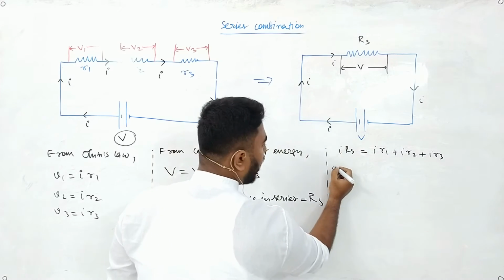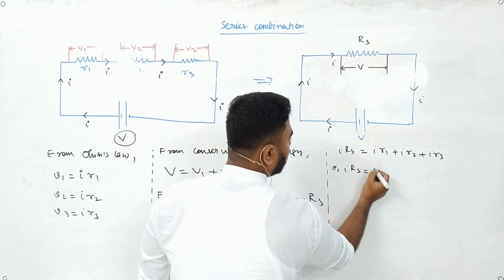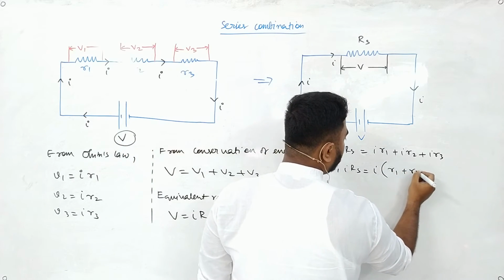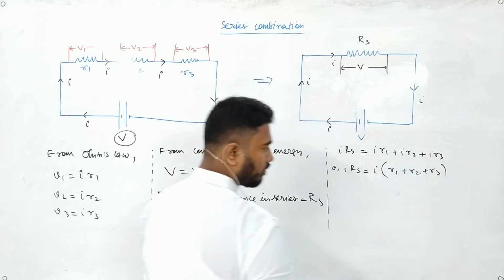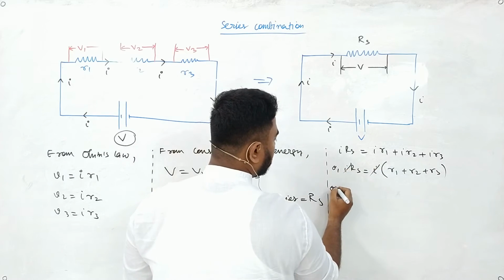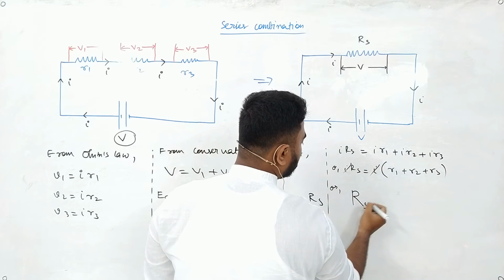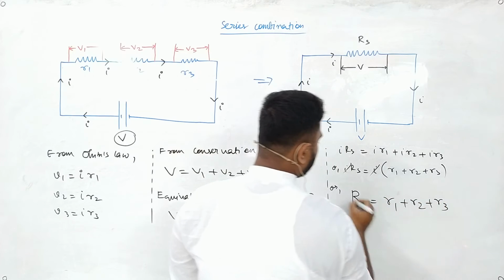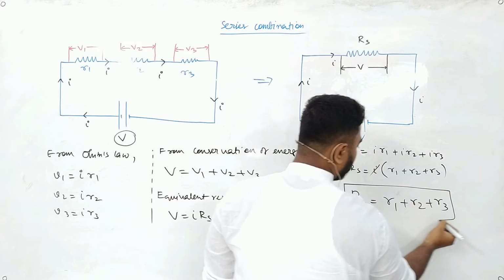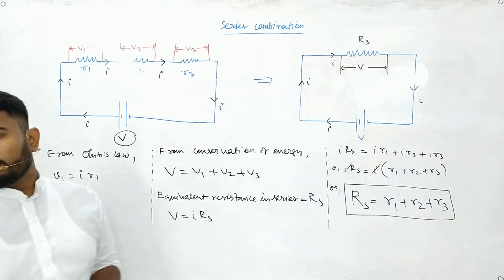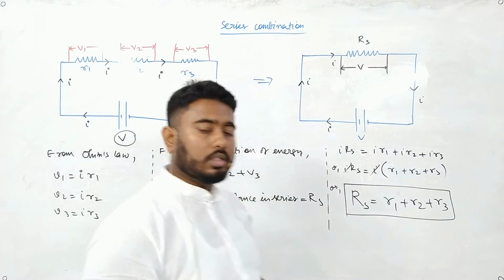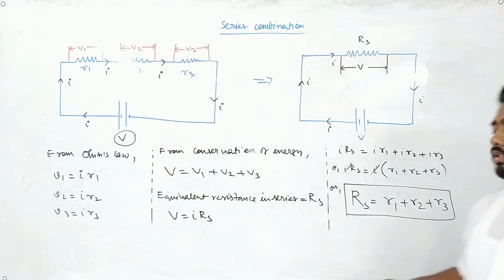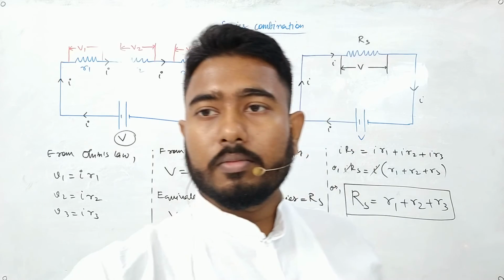So if I take I as common, I will be getting R1 plus R2 plus R3. If I cancel the I's, I will be getting RS equals R1 plus R2 plus R3. This is the combination of resistances in series. Is the idea clear to all of us? All of you write this down properly.